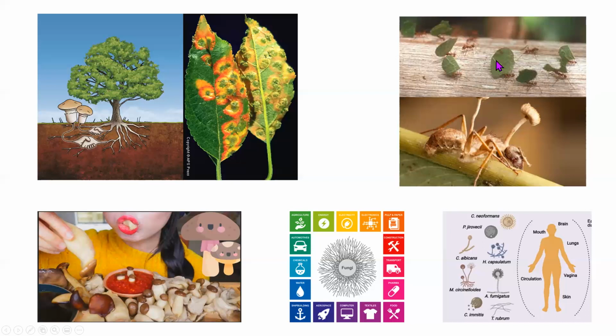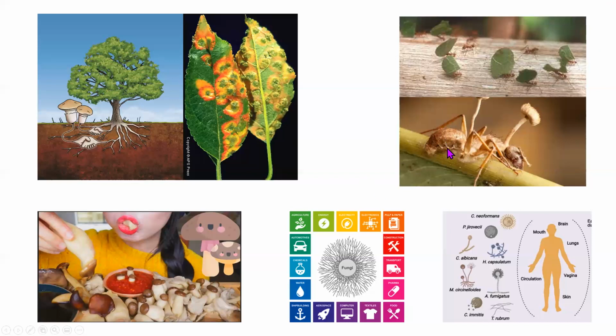So they're carrying these leaves to their home, because in their home they collect all of these leaves and they grow a fungus, and the ants actually feed off of the fungus. The ants eat the mycelia, so they actually carry these leaves to grow and eventually harvest the fungus.